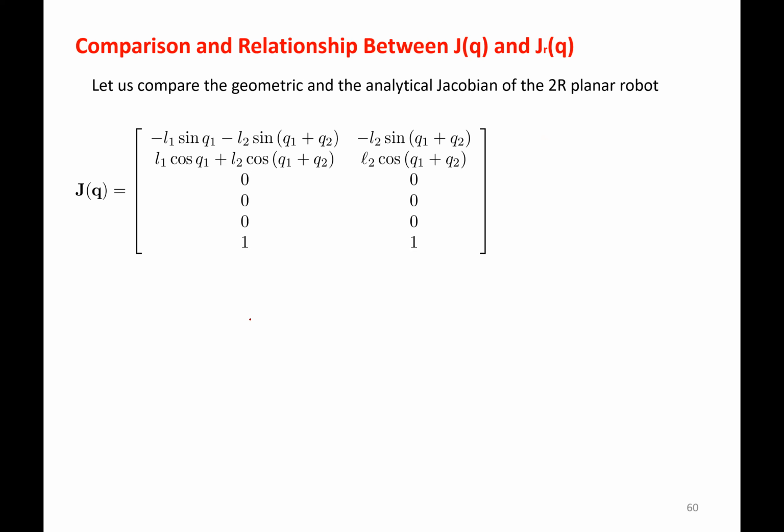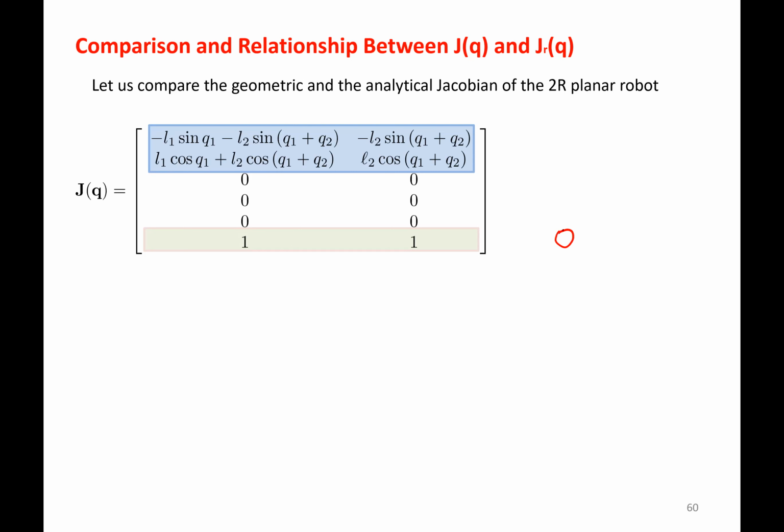So let's compare the relationship between the geometric Jacobian and the analytical Jacobian. Here I'm showing you the geometric Jacobian of the 2R robot, the previous example that I showed. And we see that the only rows that have interesting elements are the first two and the bottom one.